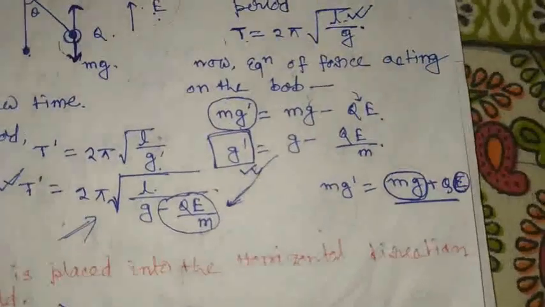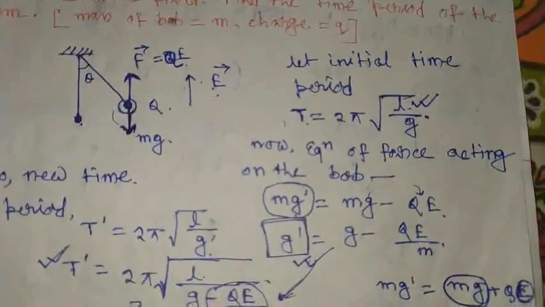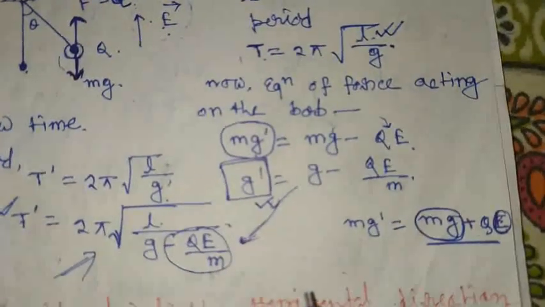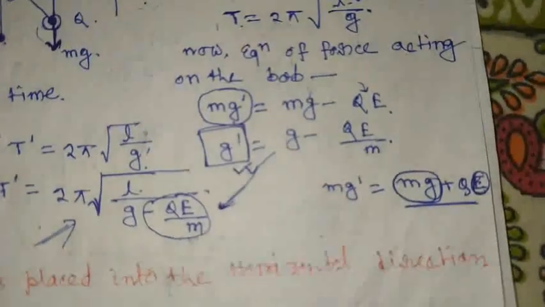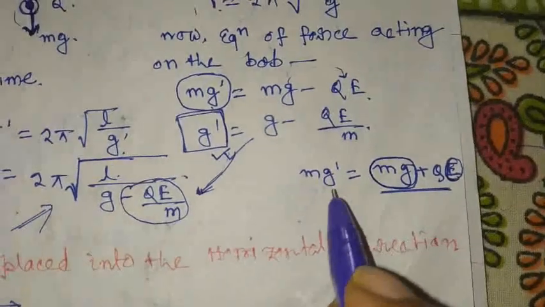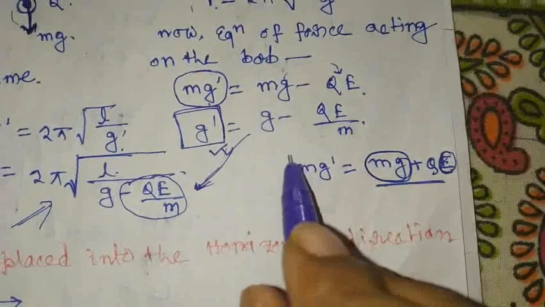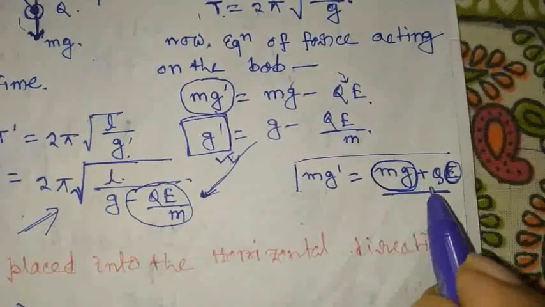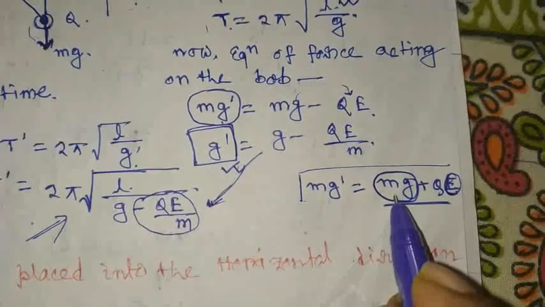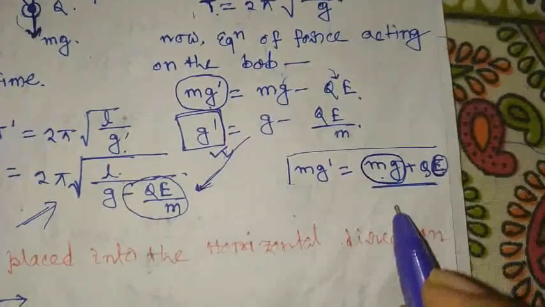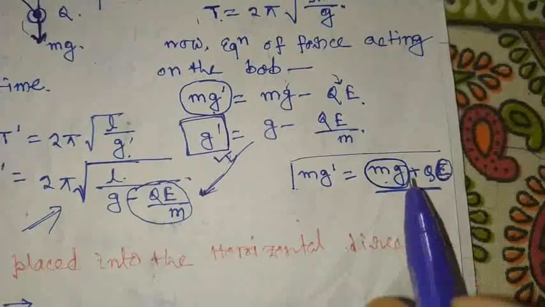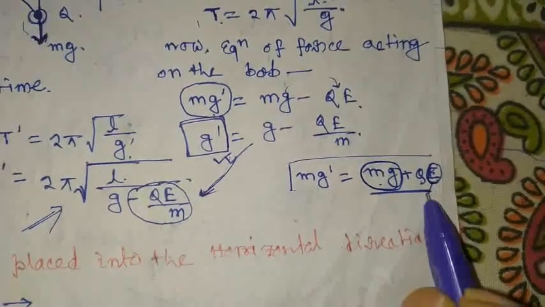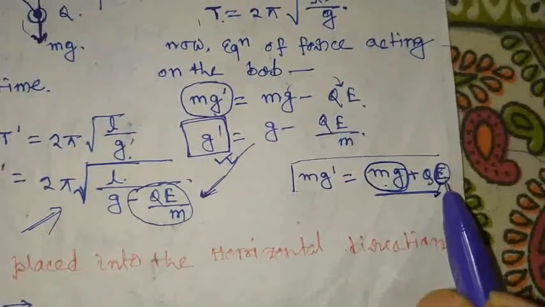Now if you are asked to do the same problem for the vertically downward direction of electric field, then you can write the modified resultant force as mg prime equals mg plus QE, because now mg and QE are in the same direction and same line, since in the given question it is said that E is now vertically downward.